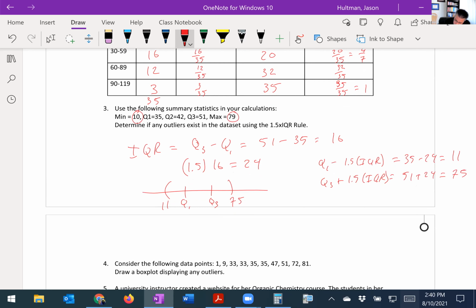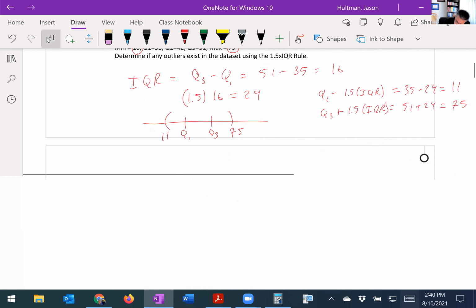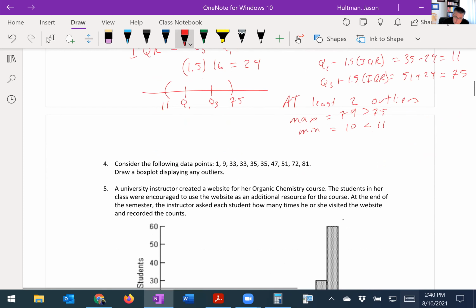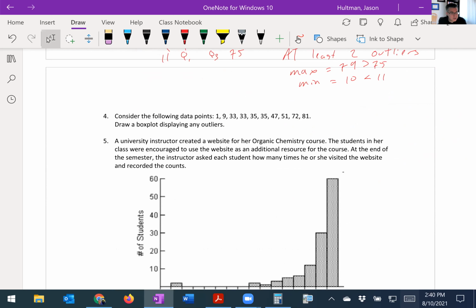So we know that there are at least 2 outliers, and that's the maximum of 79 and the minimum of 10. 79 is greater than 75, and 10 is less than 11. So at least 2 outliers there. Okay, let's flip the page. Number 4.